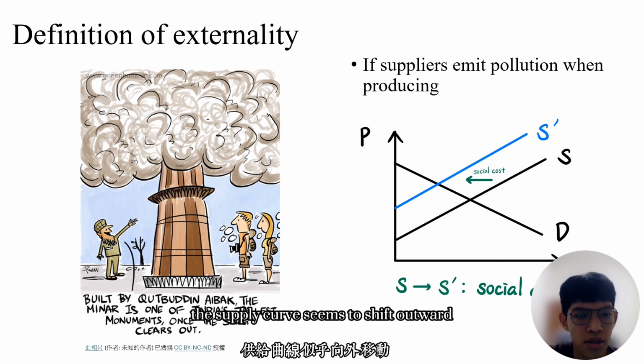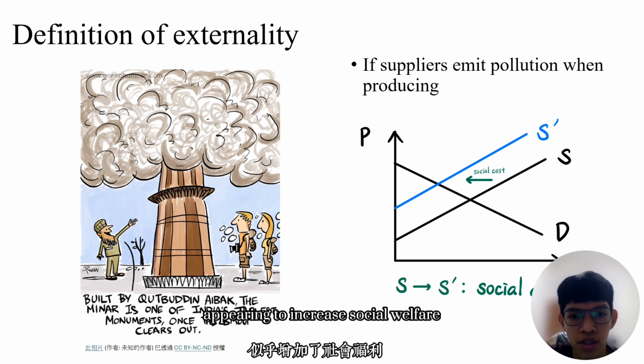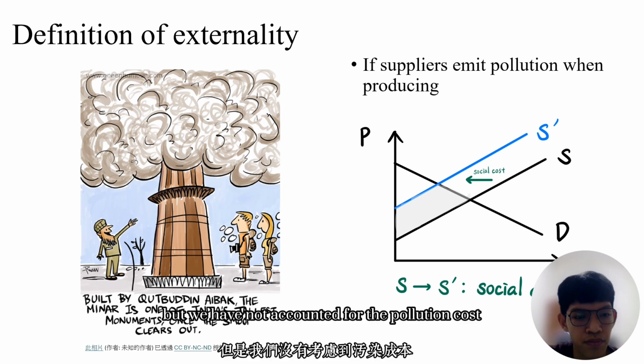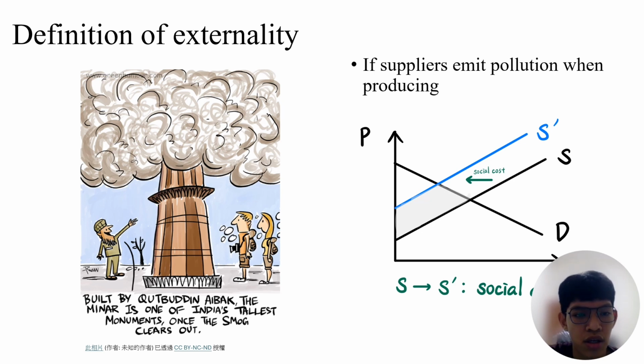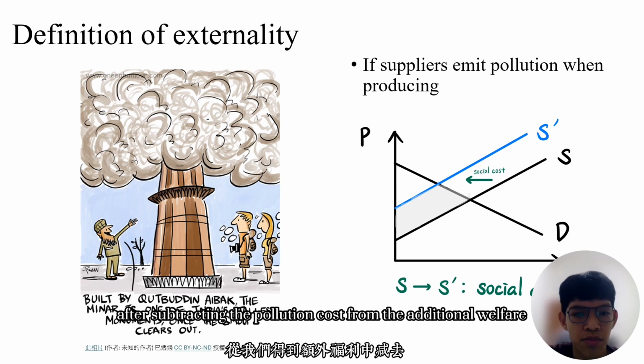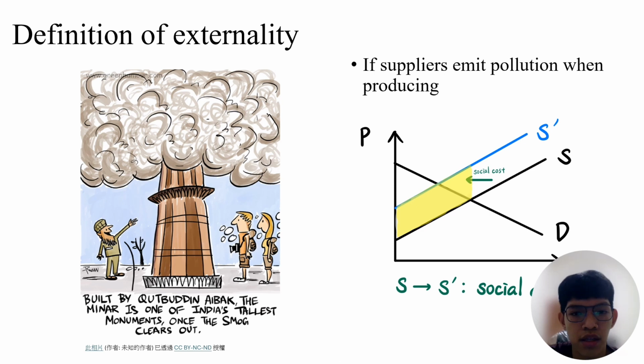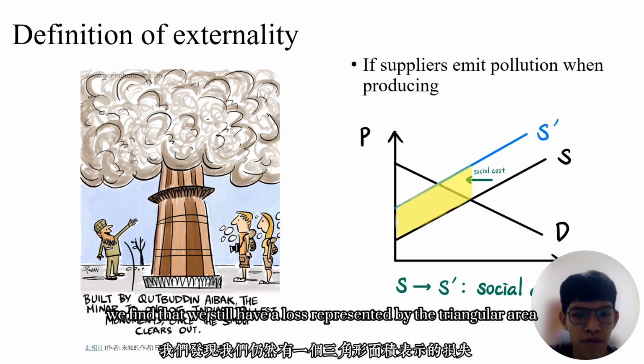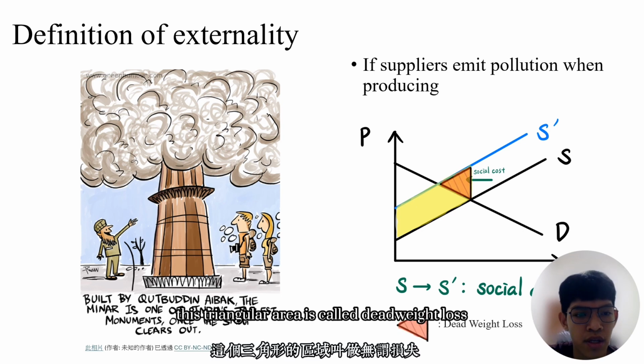The supply curve seems to shift outward, appearing to increase social welfare. But we have not accounted for the pollution cost. After subtracting the pollution cost from the additional welfare we gain, we find that we still have a loss represented by the triangular area. This triangular area is called deadweight loss.